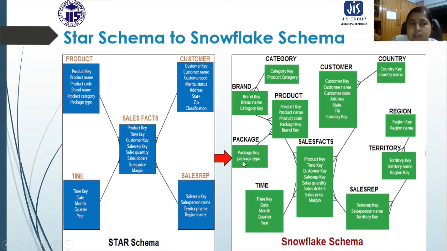And in the previous case, we had package category and package type in the same product dimension, but here a different dimension is created for package also. So package key and package type are a different dimension.